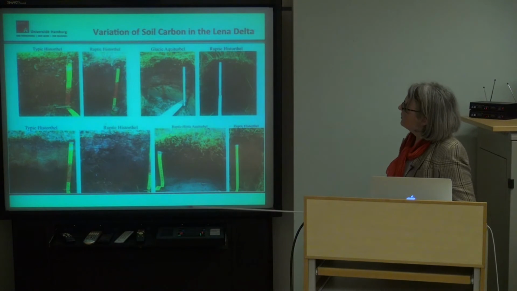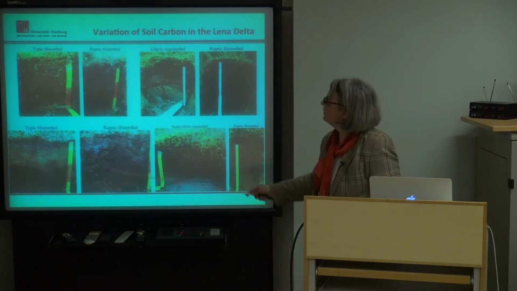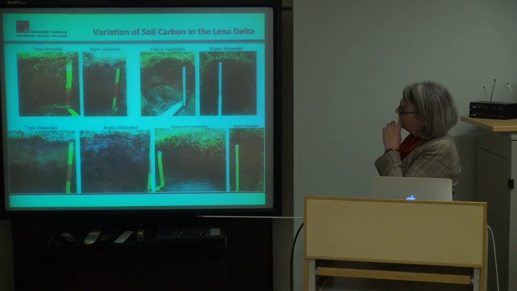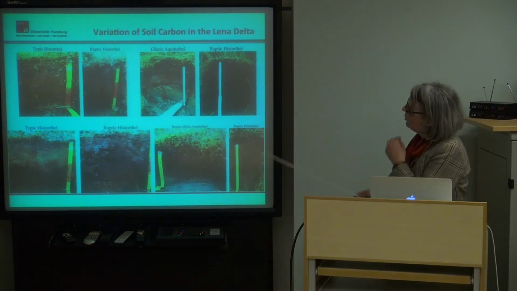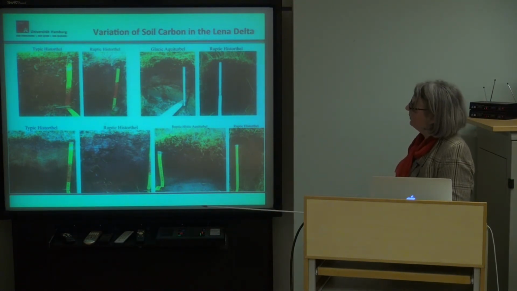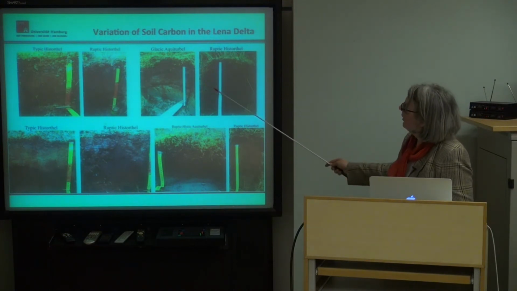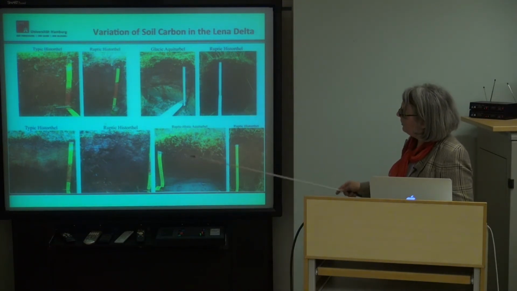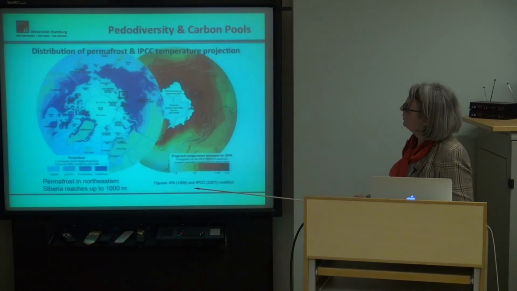These were the soils. Now here you see the diversity of these soils, and I think the variation of the soil carbon in the Lena Delta is a good basis to think about, or makes it difficult to calculate, how much carbon is stored.